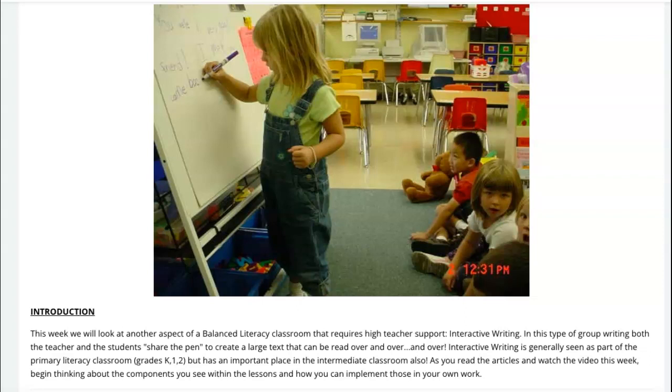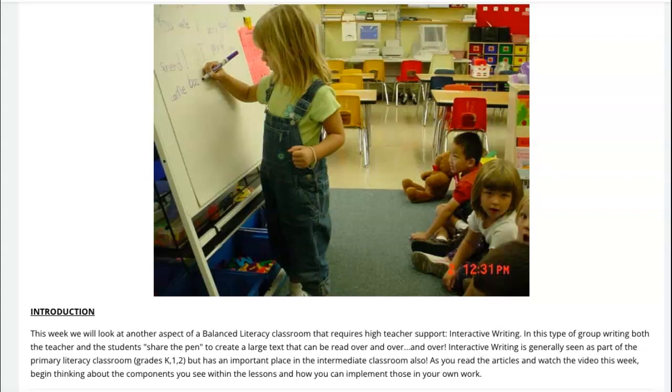The final element is rereading the text during construction. During the construction of text, the teacher and children are rereading after each word to decide where to put the next word. They're saying each word slowly to hear the sounds in words.